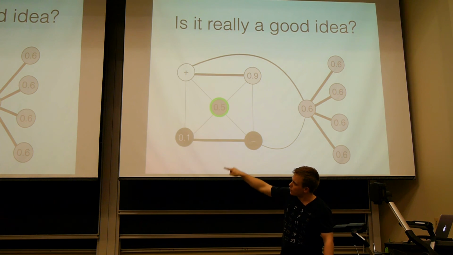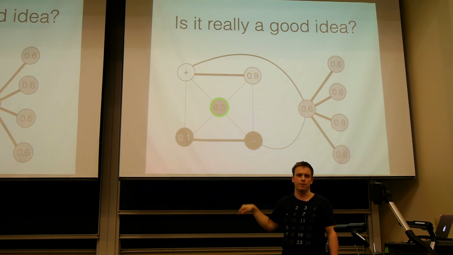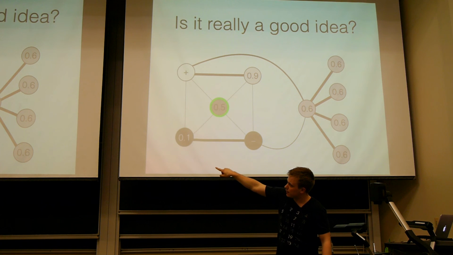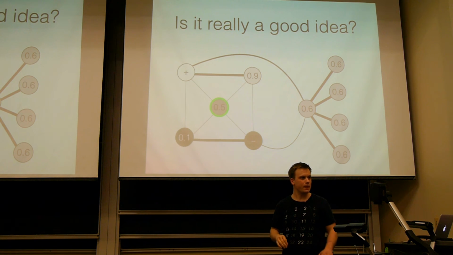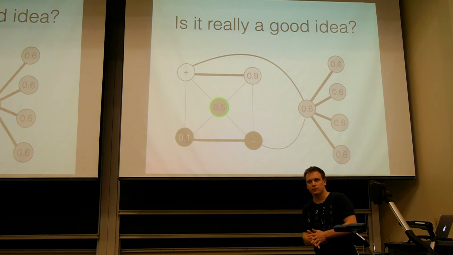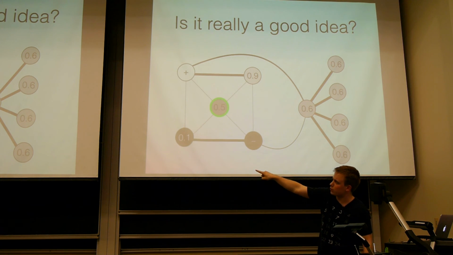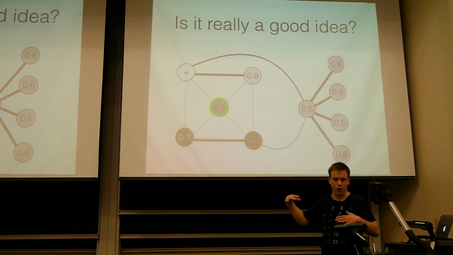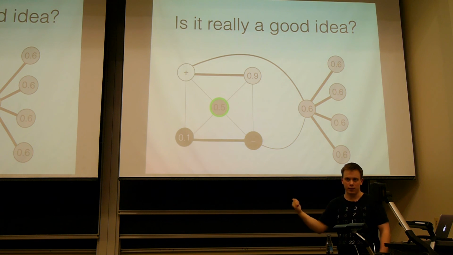And since all these other guys only depend on it, they're also going to go to 0. So the total amount of uncertainty that you would reduce by picking this root node is better than if you picked 0.5. Does that make sense? If I learned the label of the root of that tree-shaped thing, it would tell me a lot more about more nodes than learning the label of 0.5, even though 0.5 is less certain than it.